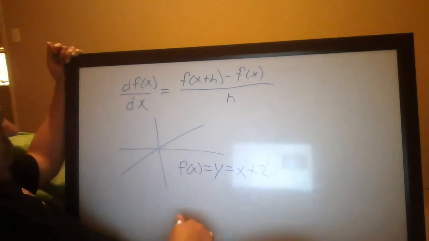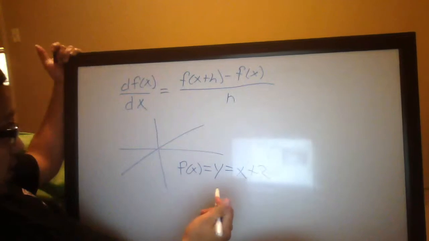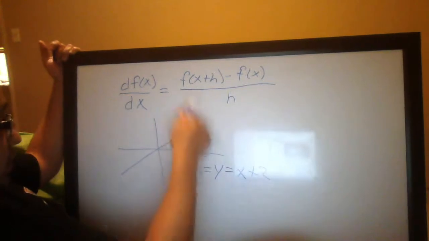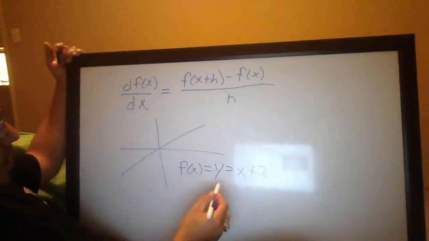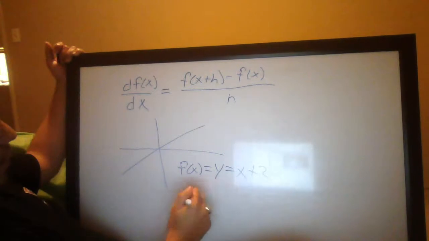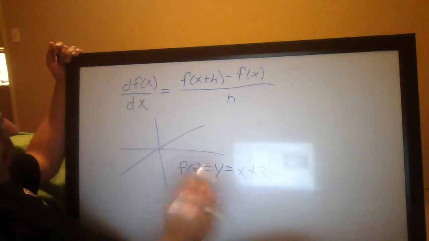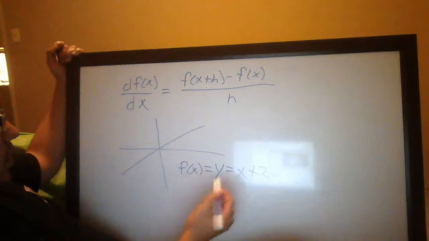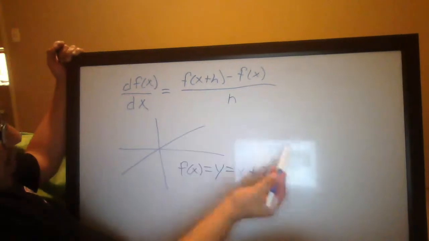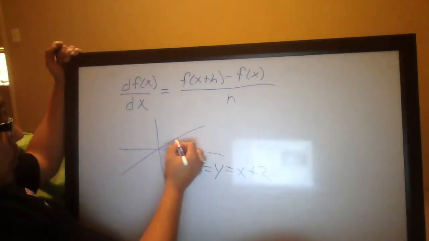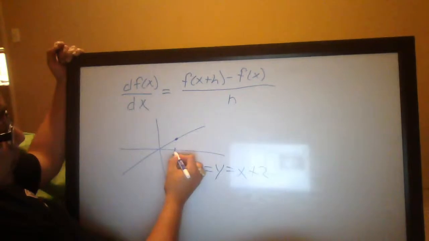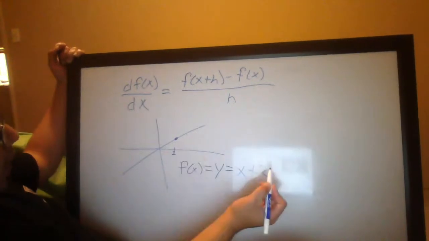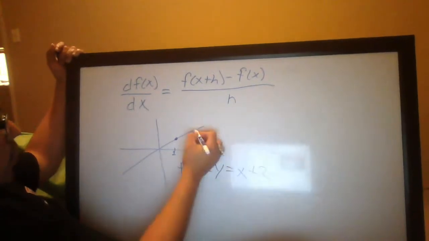So all this means is we have some function of x plus h. So h is basically, the best way I can explain it is if let's say x was here at some random point. Let's call that point 1, right? And we also have some point right here.